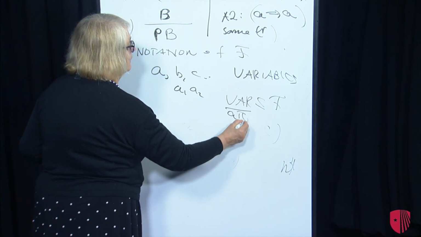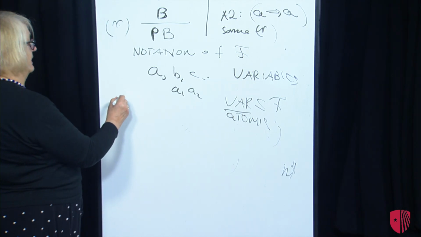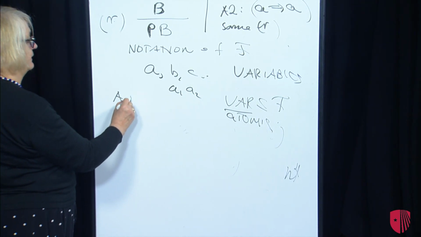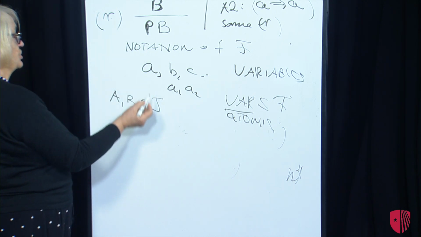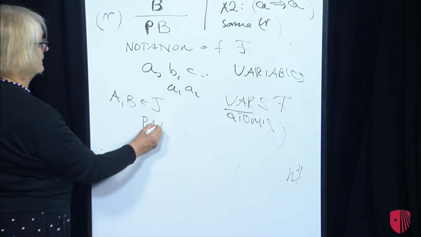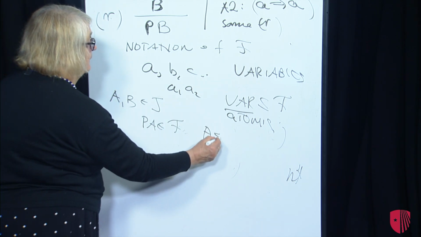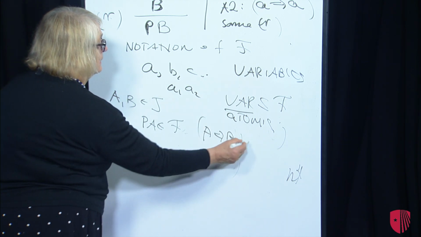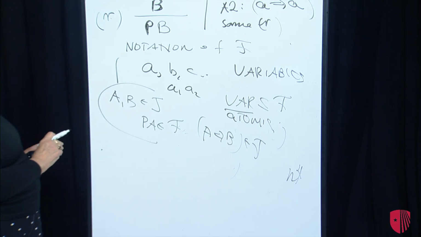They are called atomic formulas. And if I have already two formulas, this is a definition, we can write that not A is a formula and A implies B is a formula. This is a recursive definition.